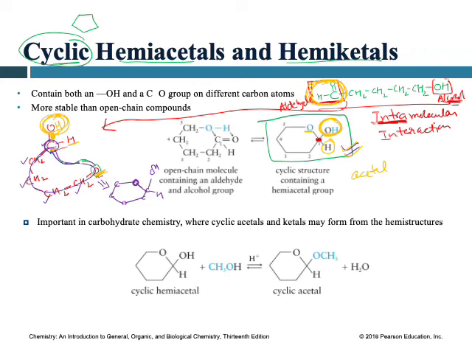This carbon has an OH group, this carbon has an OR group, ether group, and the same carbon has hydrogen. So because you have alcohol and ether, this is hemiacetal. Because to become complete acetal, you have to have 2 ether groups attached to the same carbon, right? So this structure is cyclic hemiacetal.